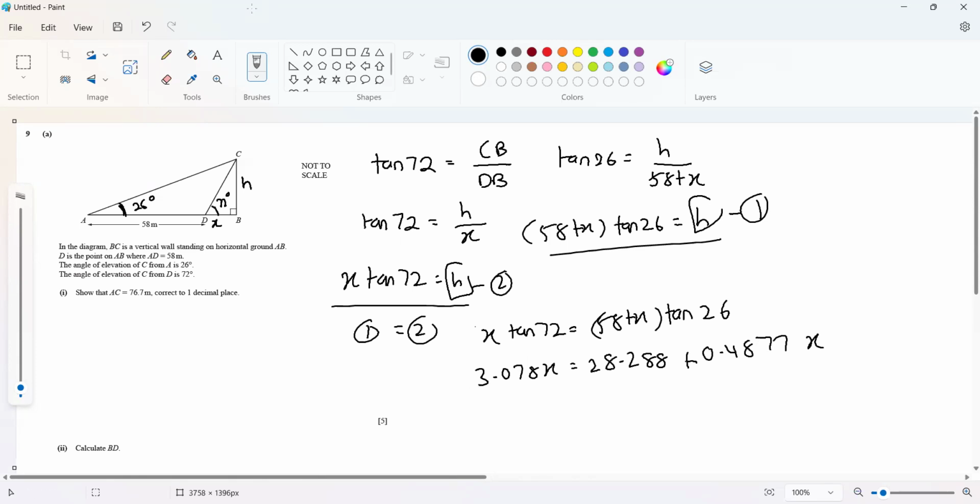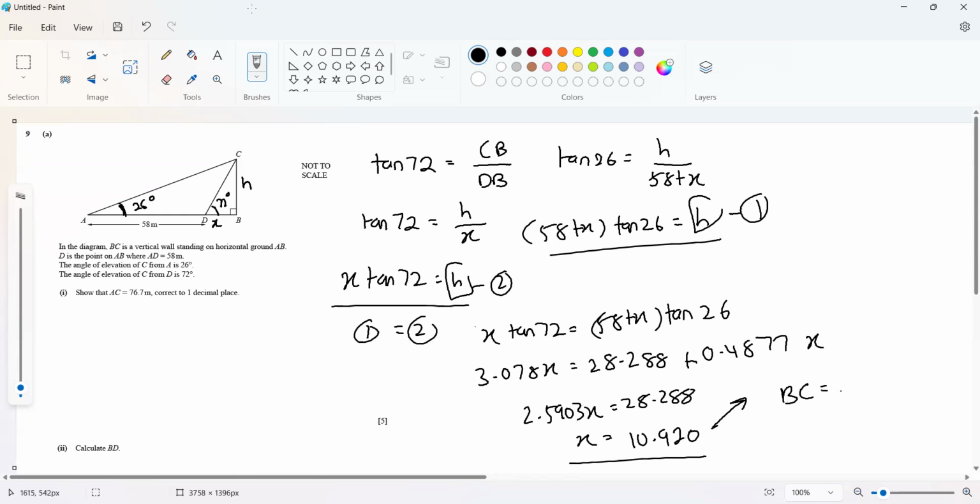So 3.078 minus 0.4877 will give us 2.5903x equals 28.288. So x equals 10.920.